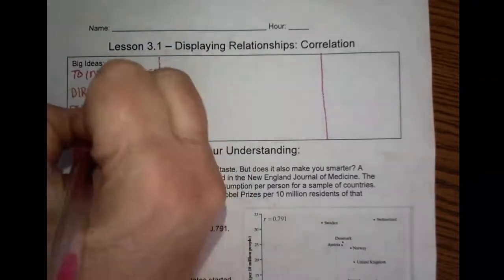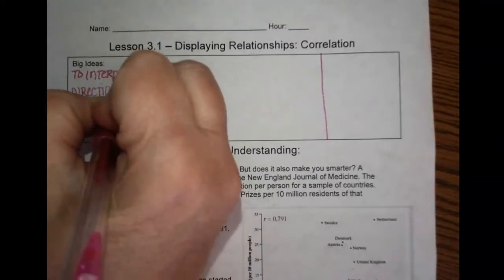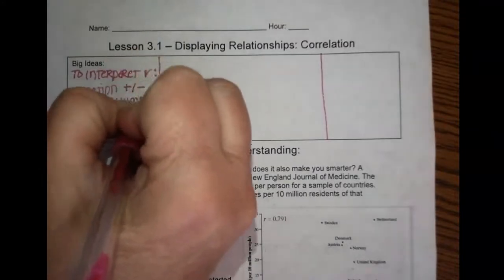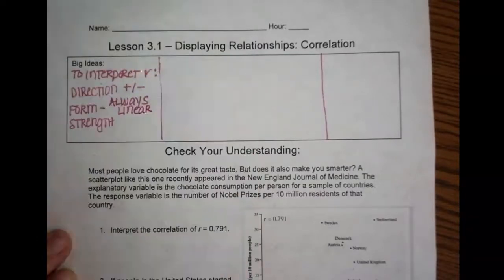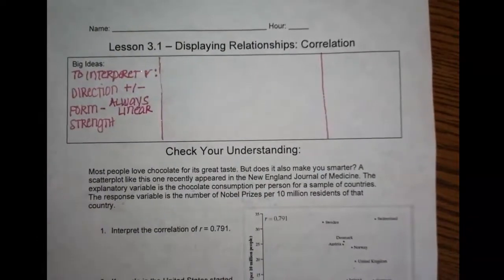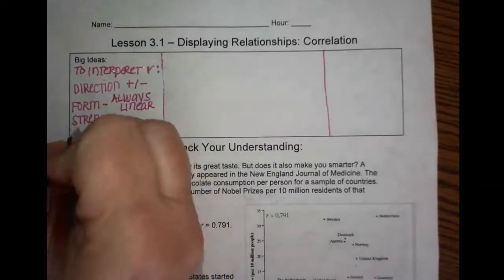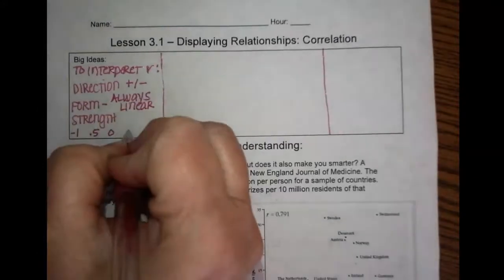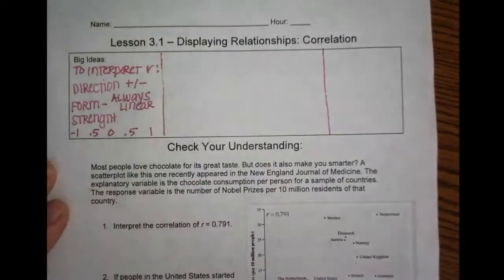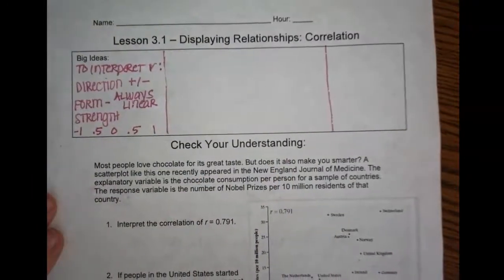Your form for correlation is always linear. You can't use a correlation coefficient on a non-linear shape. So it should always be linear. And your strength, so your correlation goes from -1 to +1. That's its entire range.